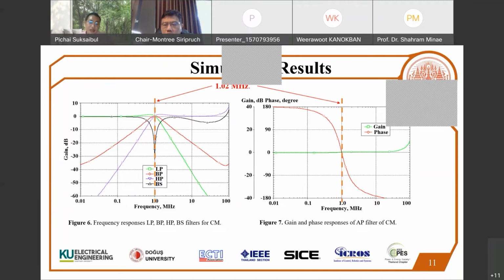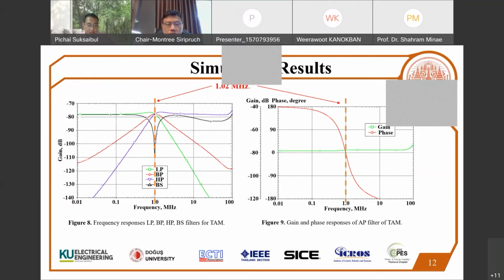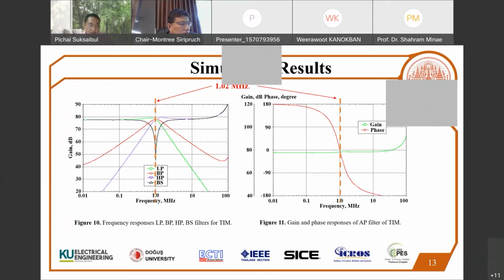In figures 6 and 7 I show the frequency response of current mode. In figures 8 and 9 I show the frequency response in transadmittance mode, and in figures 10 and 11 the frequency response of transimpedance mode.